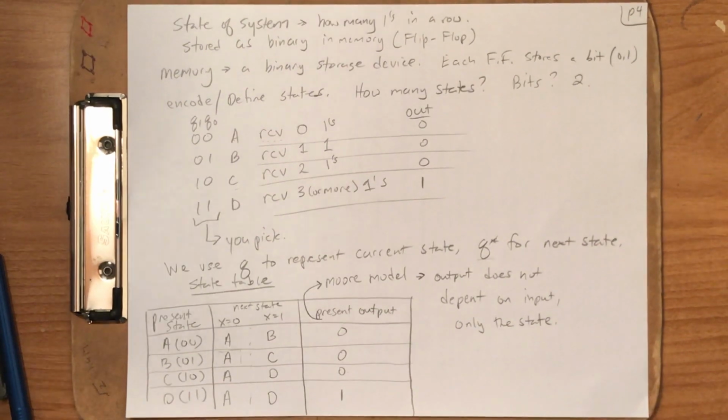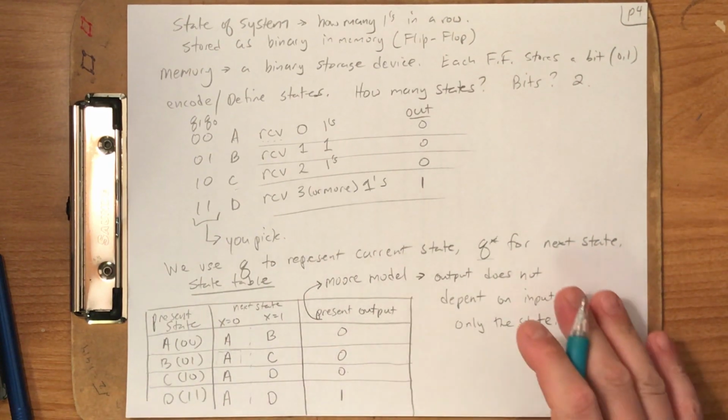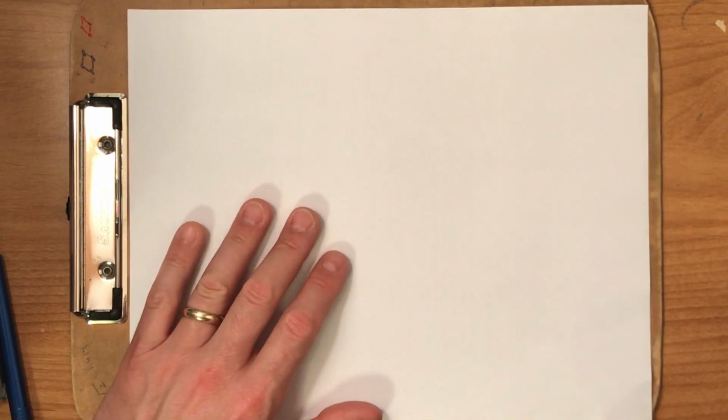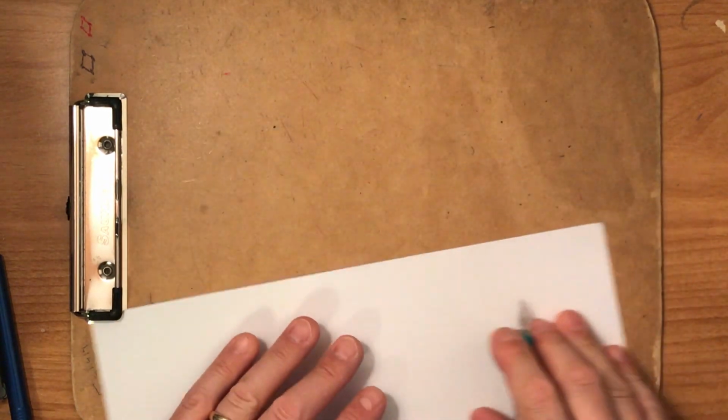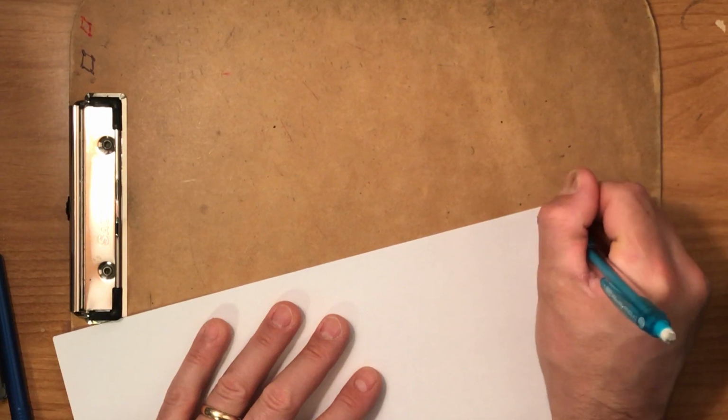Alright, I wish I had room on this page to put up the state graph. I don't. You may want to keep this page handy. And I'm going to go now to the state graph or state diagram.